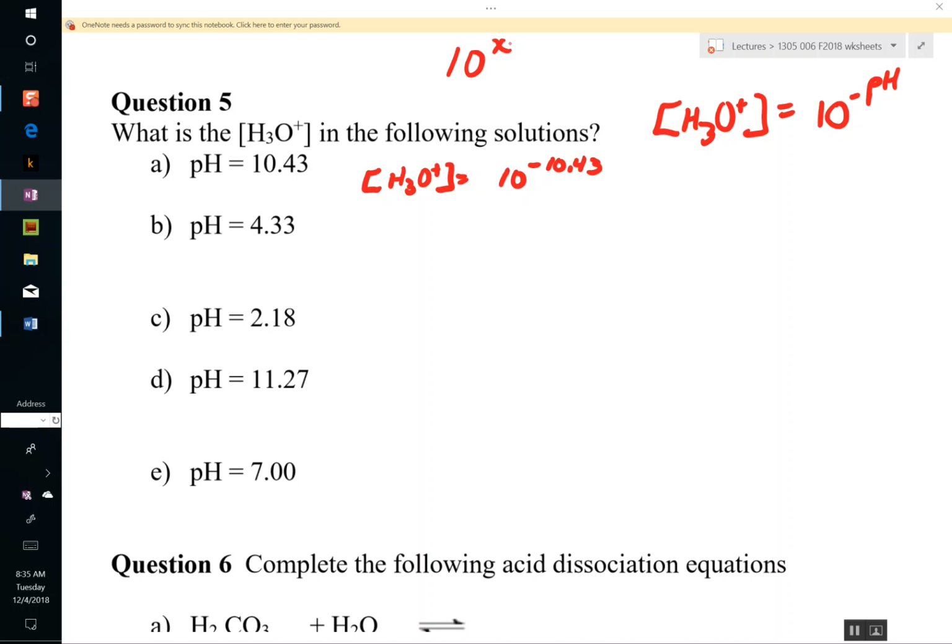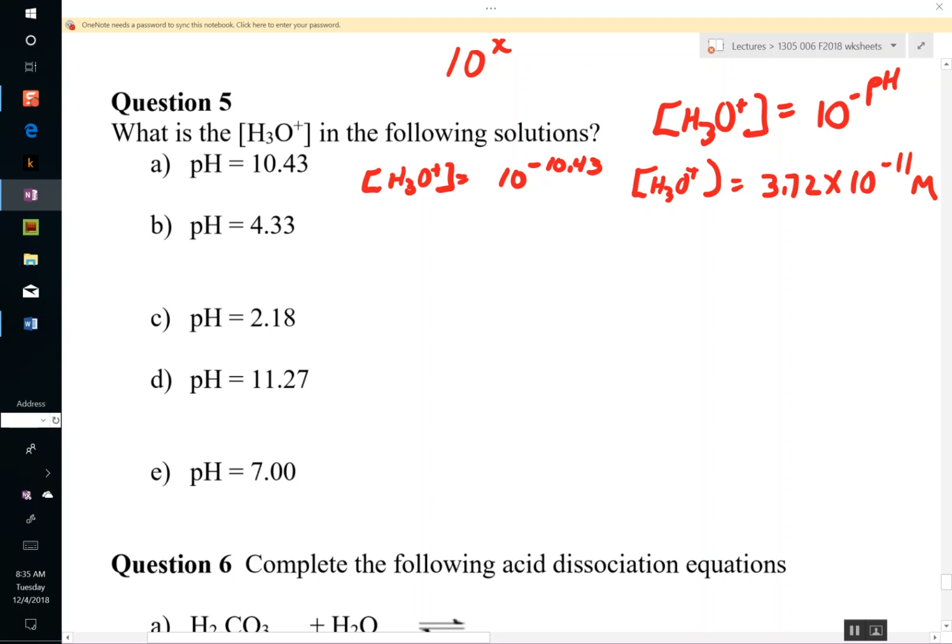And I'm getting that the hydronium ion concentration equals 3.72 times 10 to the minus 11 molar. That's the complete answer.